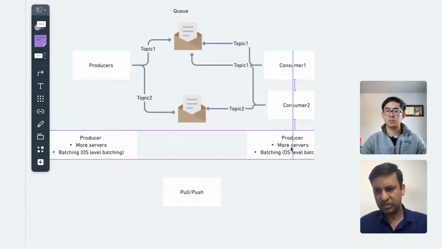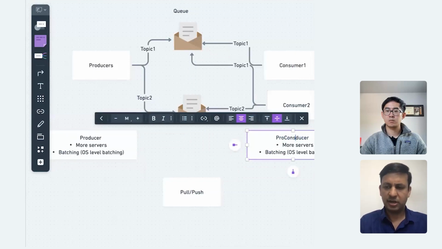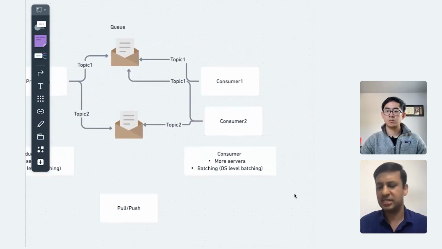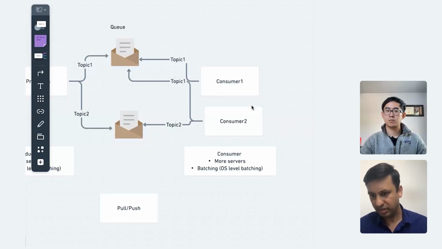From the consumer perspective, we can scale consumers as well by adding more servers. If the traffic is high for a particular topic and we want consumption to be faster, we can add more servers to consume that topic.